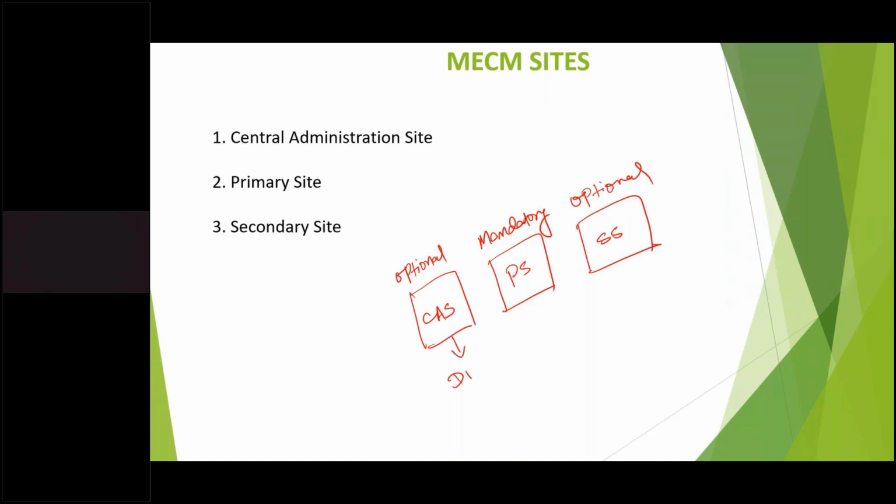Each site server needs a database: Central needs a database, primary needs a database, and secondary needs a database. All of them can be installed on a separate box on Windows Server 2012 or greater.